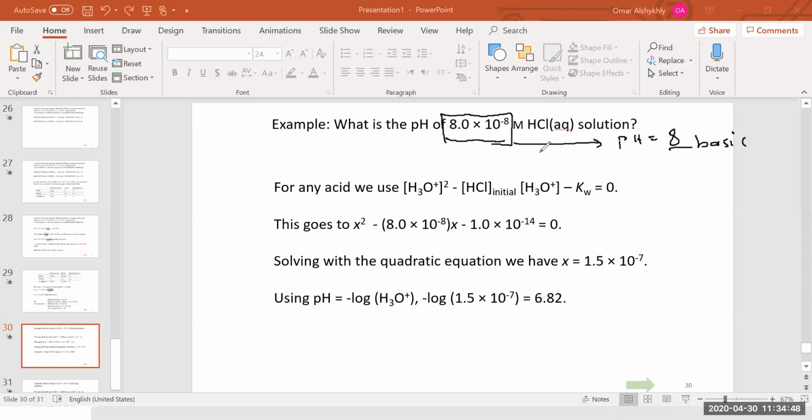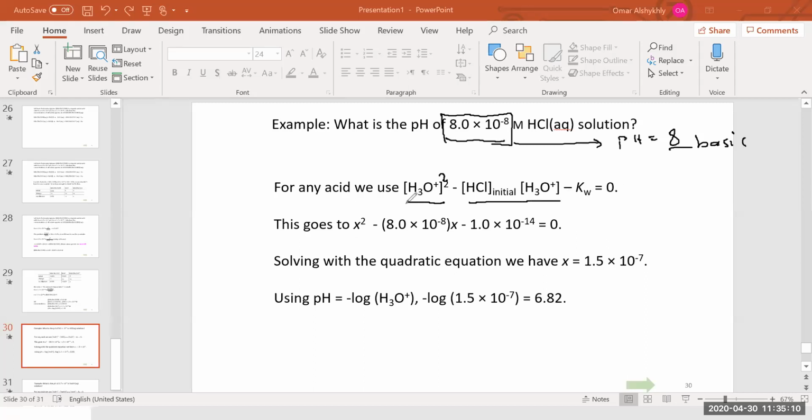So be careful. We have very diluted solution or acid, we will use this equation. The H3O positive to power 2 minus HCl initial times the H3O positive minus Kw equals 0.